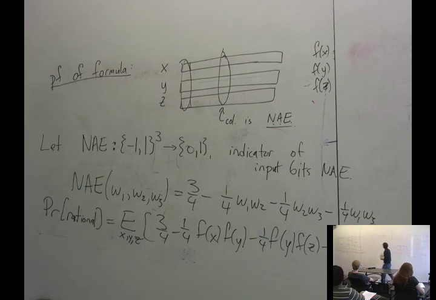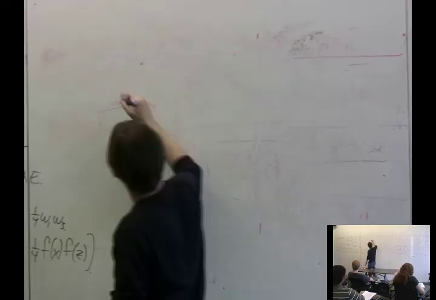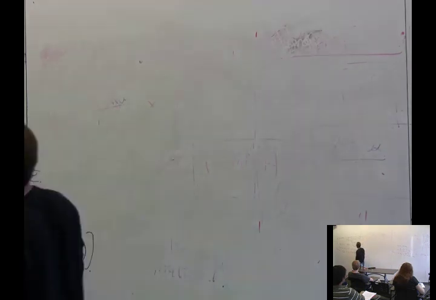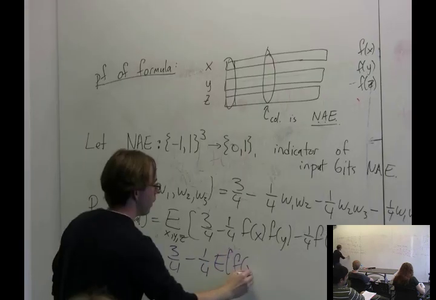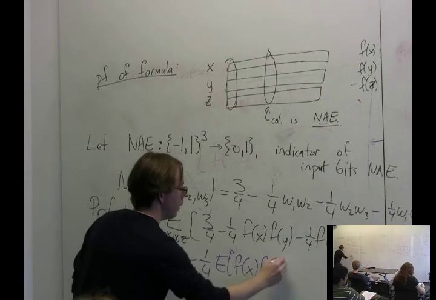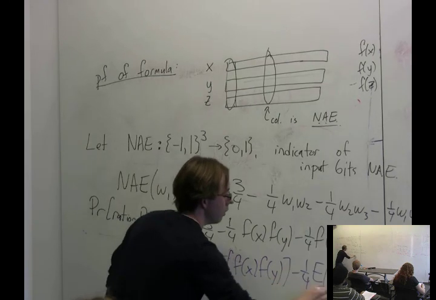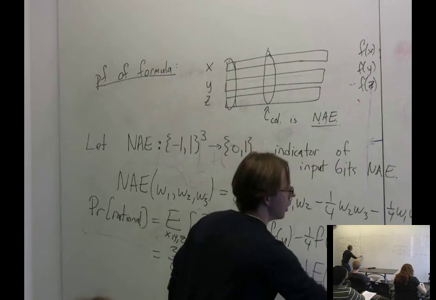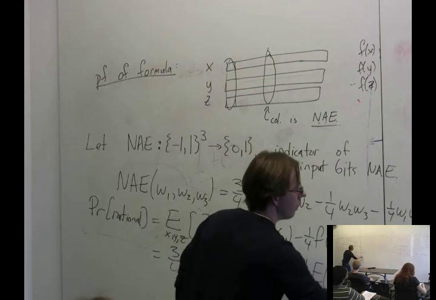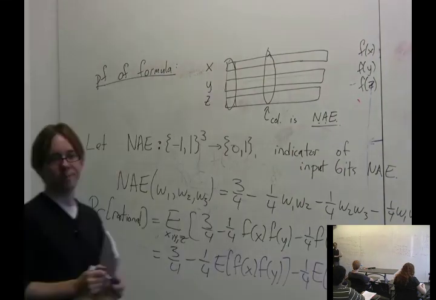And what I want to claim to you is this. Well, obviously, we can write this as 3/4 minus a quarter the expectation of f of x, f of y, minus a quarter the expectation of f of y, f of z, minus a quarter the expectation of f of x, f of z.